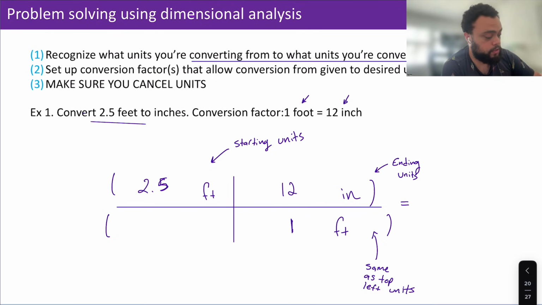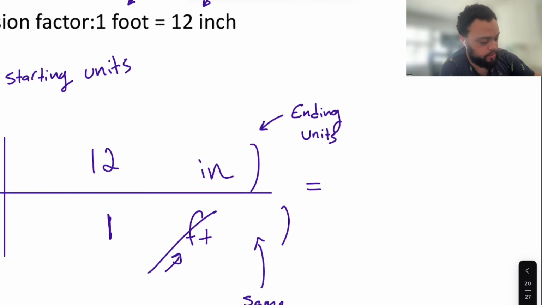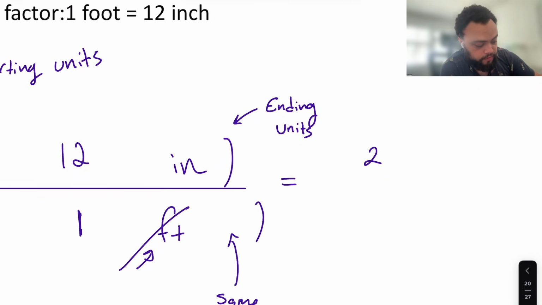We're going to collapse these, but first, let's take a look at the things that are canceling out. We have feet on top and feet on bottom. You could think of it like a fraction. If you have the same thing on top and bottom, those cancel out, because this is a fraction we're about to make. Inches is not on the bottom, so we'll keep inches, and it ends up being the unit that we want. So we'll end up with 2.5, and we make this into a fraction.